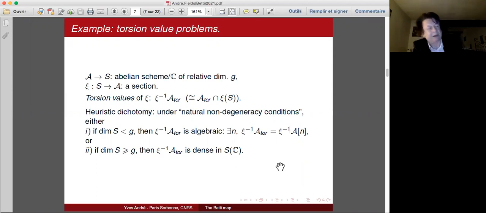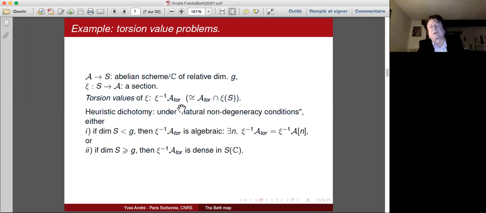And let us consider a section from S to A, denoted by xi. By definition, the torsion values of this section are just the inverse image by xi of the torsion points in this abelian scheme. So this is isomorphic to the torsion points intersected with the image of the section.